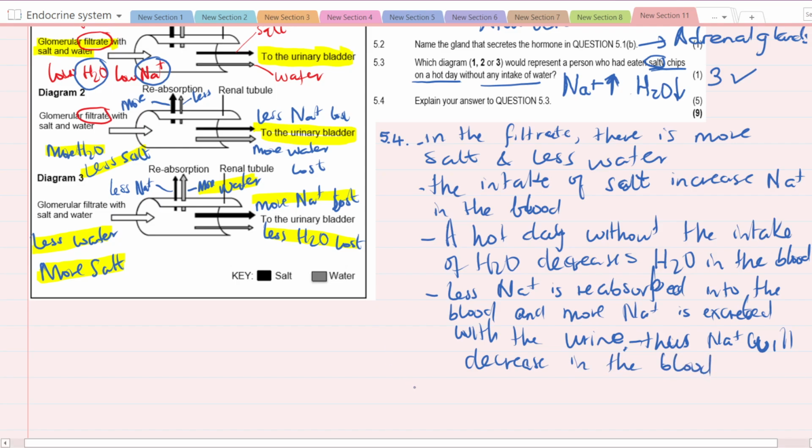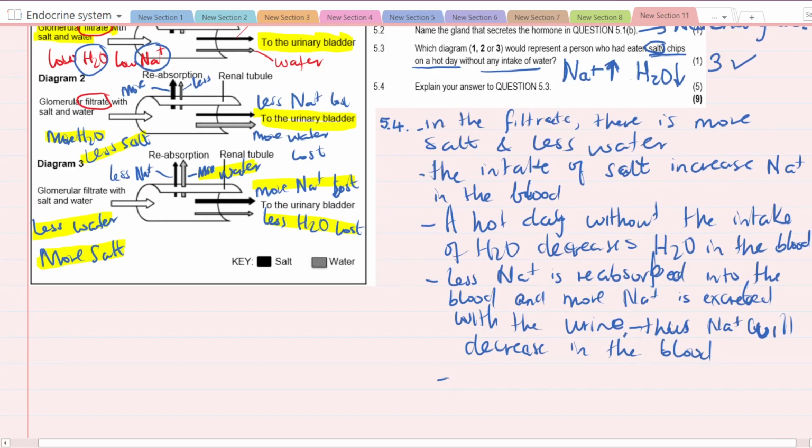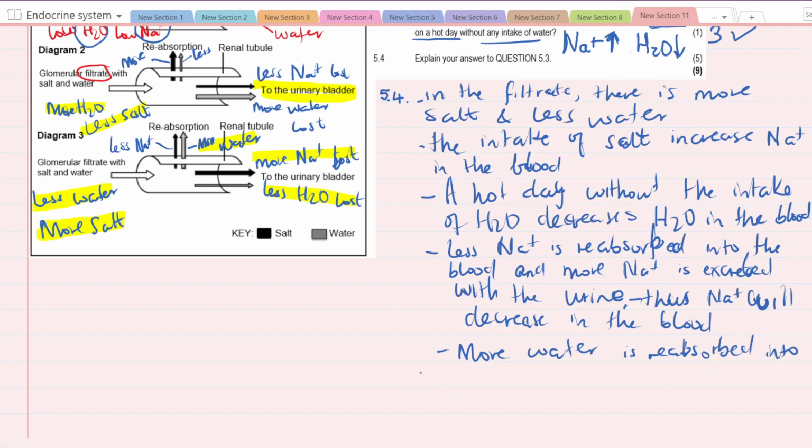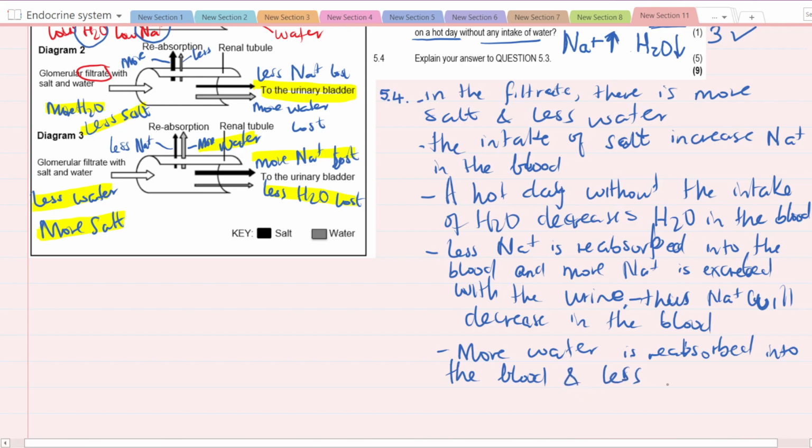And for water, more water is reabsorbed into the blood, and less water is excreted.